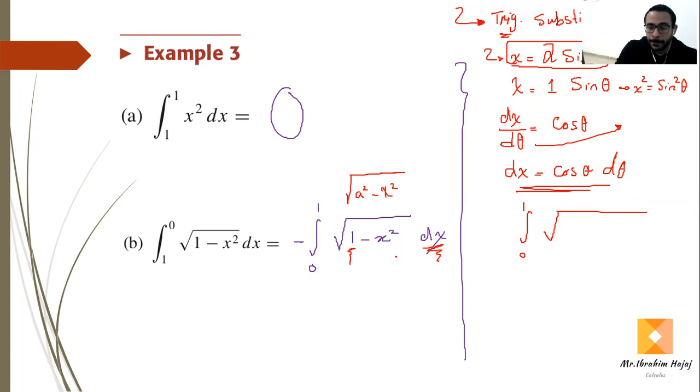You'll see why, because you have 1 minus x squared, which is sin squared theta. From 0 to 1.